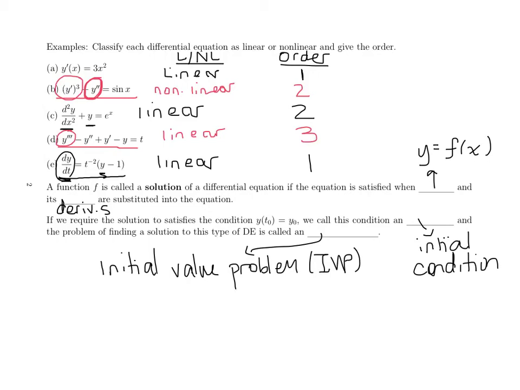We have linear, nonlinear, order, solutions, initial values, and initial value problems or IVPs. That's the language you want to get used to as we start looking at differential equation questions. We're going to work one example here in this video, and then in class we're going to focus on what a separable differential equation is and how to work differential equations of that form.